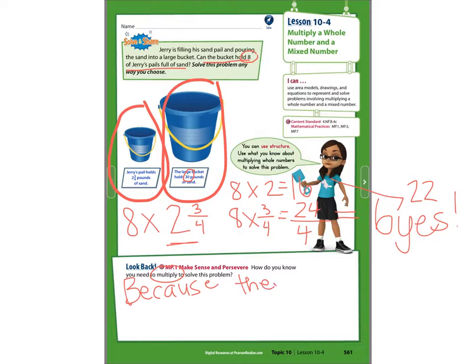Because there are 8 groups of 2 3/4. Take 15 seconds to make sure that your paper matches my screen.